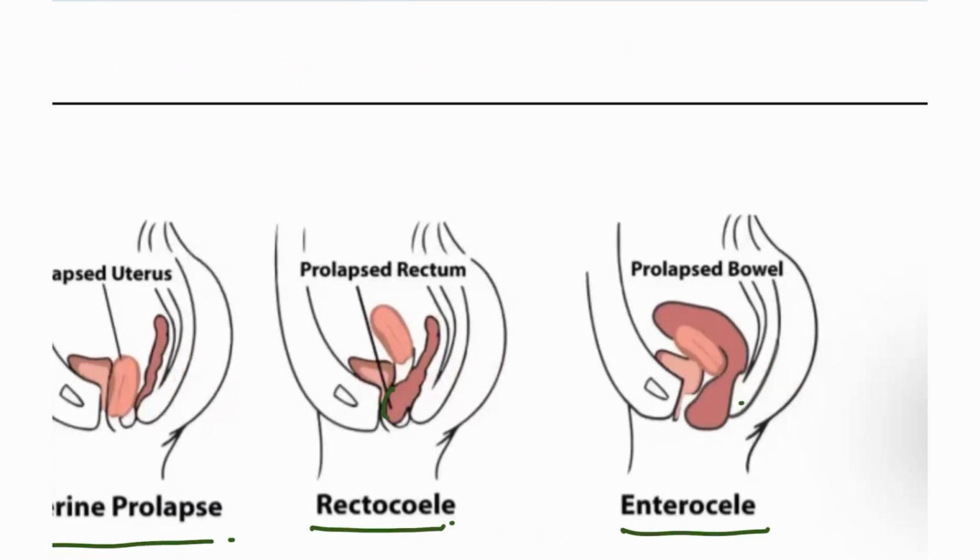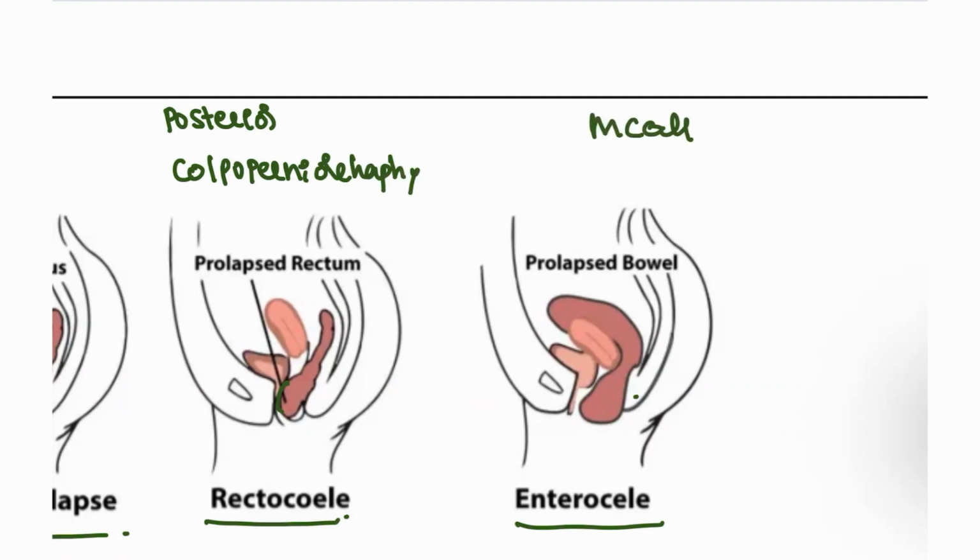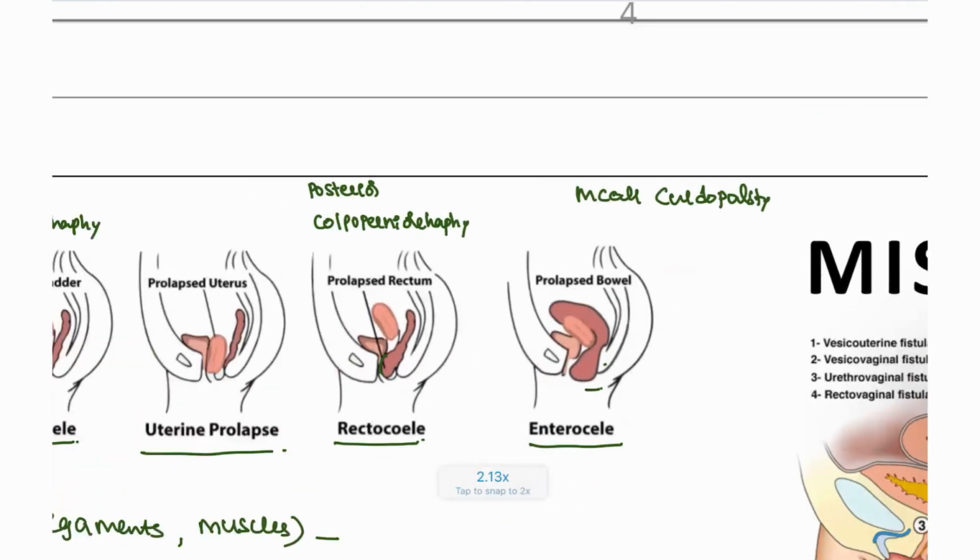Next, if it is a rectocele, what are we going to do, guys? On the posterior wall we can go for colpoperineorrhaphy. If it is an enterocele, then we are going to go for McCall culdoplasty because it is the pouch of Douglas, right? Next, vaginal prolapse. This is how we are going to proceed.